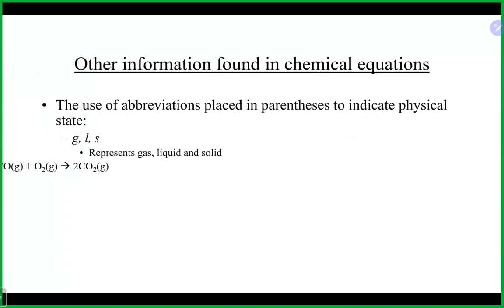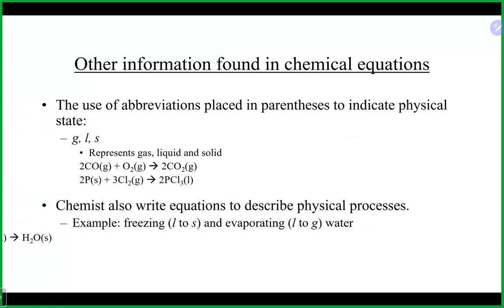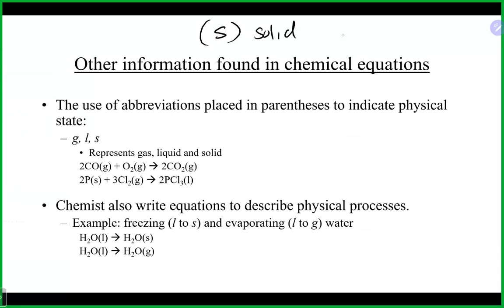Now, obviously, there is some other information that we commonly see in equations, and those are abbreviations that we see next to the formulas in a chemical reaction. Very common abbreviations: you will sometimes see an S, which represents solid state. That means that substance is in the solid state. You'll see an L, which represents that it's in the liquid state.